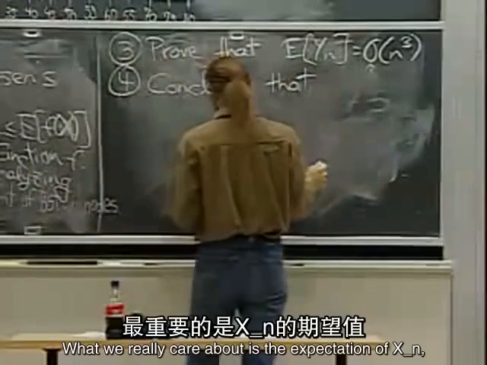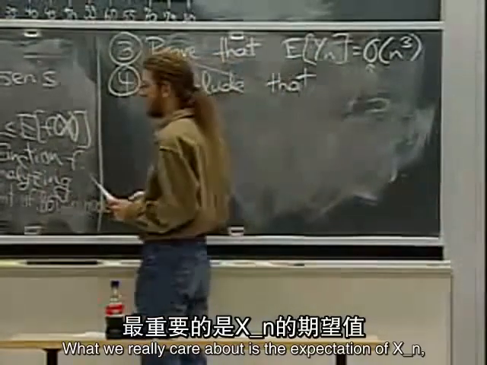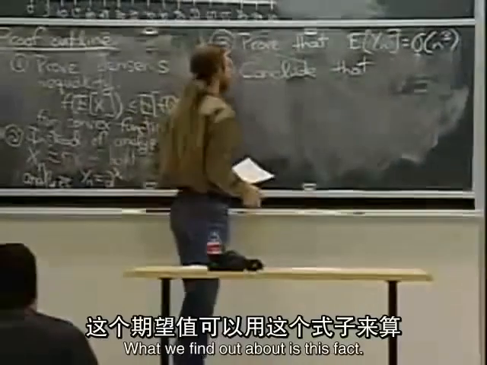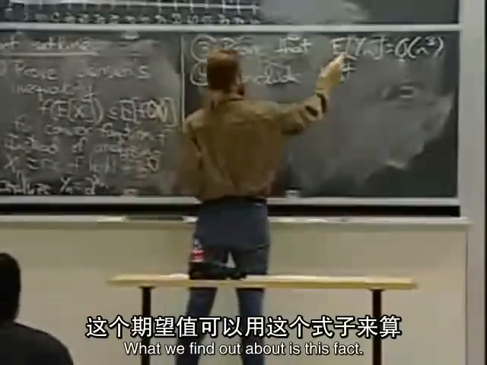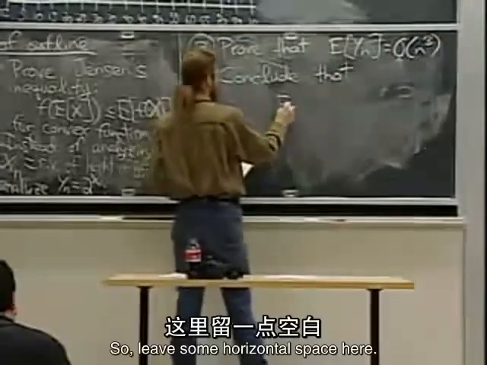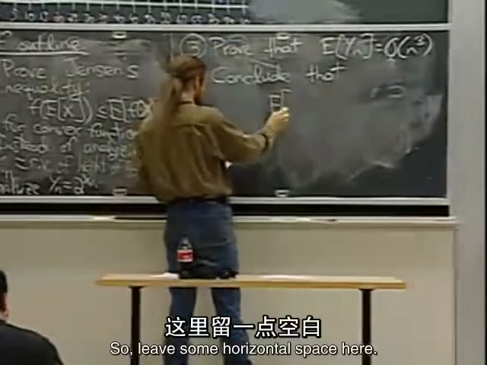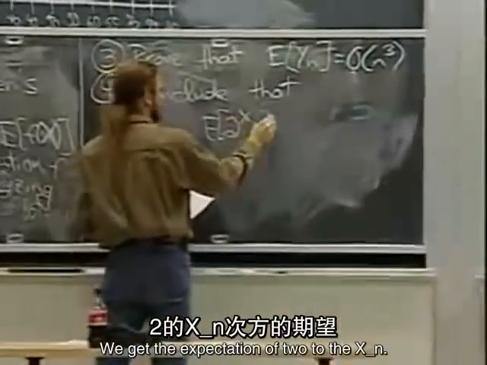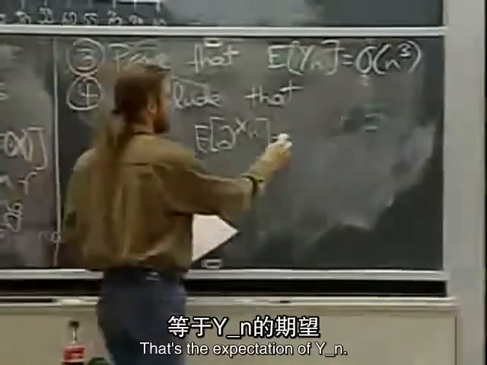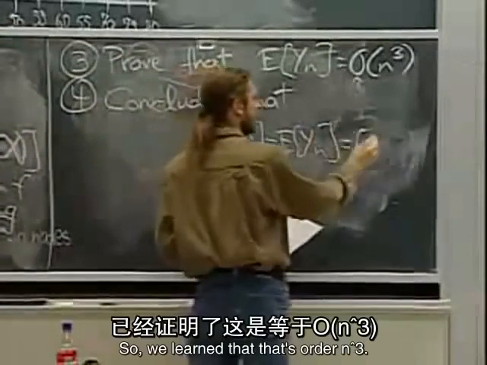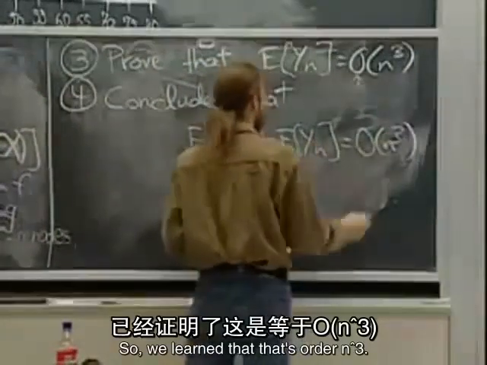What we really care about is the expectation of X_n, which is the height of our tree. Leave some horizontal space here. We get the expectation of 2 to the X_n. That's the expectation of Y_n. So we learn that that's order n cubed.